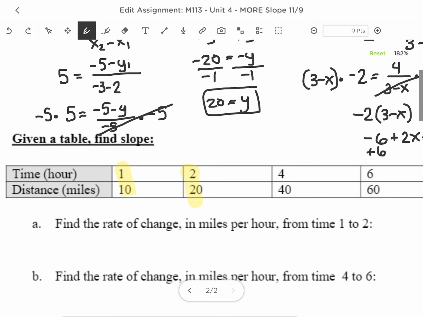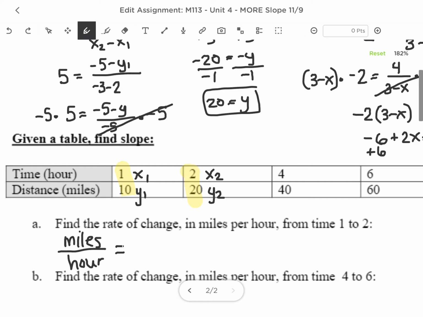So if we want miles per hour, that's key to note that miles per hour would look like that as a fraction. So miles is going to be my y, right? y1, y2. And hours is going to be my x, x1, x2.